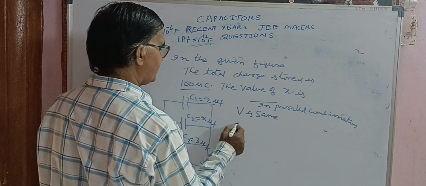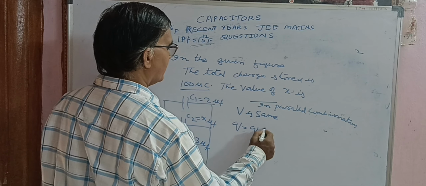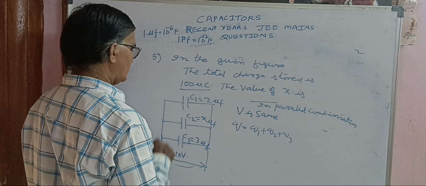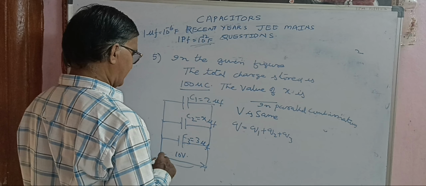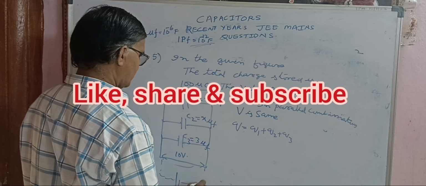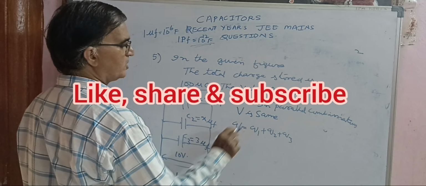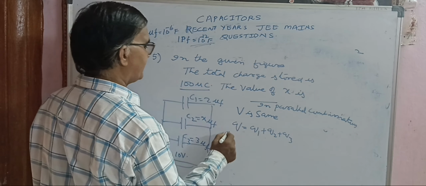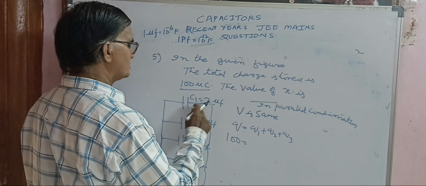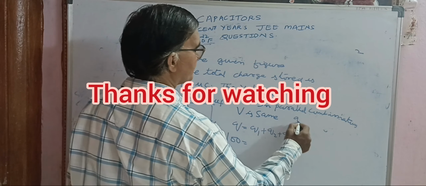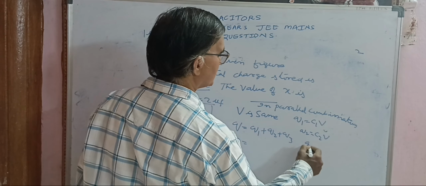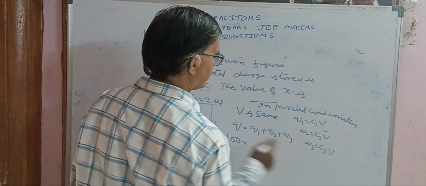So what do you need to write here? Q is equal to Q1 plus Q2 plus Q3. The total charge gets distributed. 100 microcoulombs is equal to Q1 plus Q2 plus Q3, where Q1 is C1V, Q2 is C2V, Q3 is C3V, right?